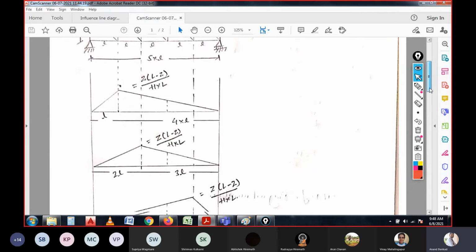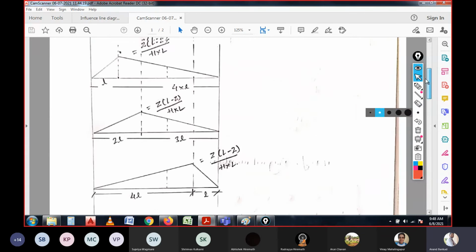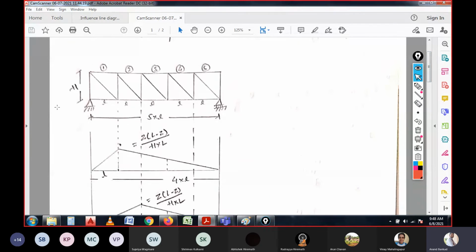Now here, if you see, when the moving load is on this point, I would like to explain this concept.